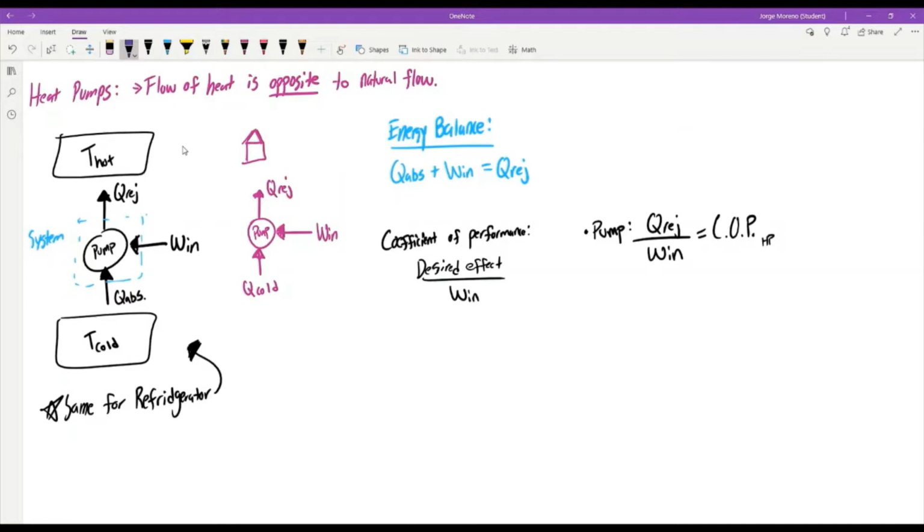So similarly to how we treated the reservoir for a heat pump as our house, as our warm home, in this case, we can treat, for refrigerator, the cold reservoir as a refrigerator. So this is going to be the refrigerator. So you can think of like the food, all the food in your refrigerator. And that refrigerator is going to spit out heat.